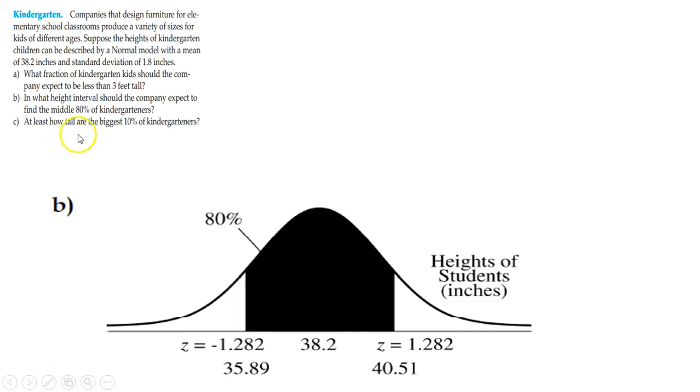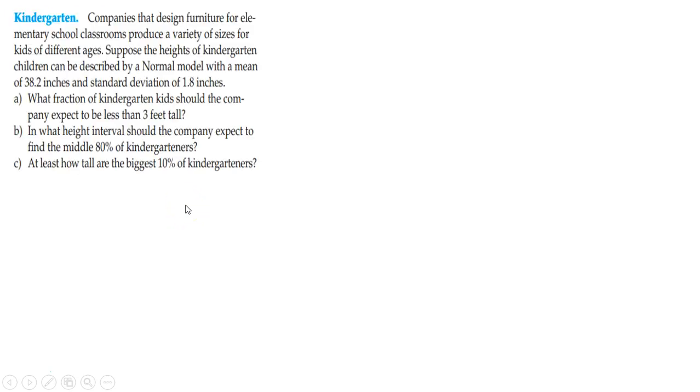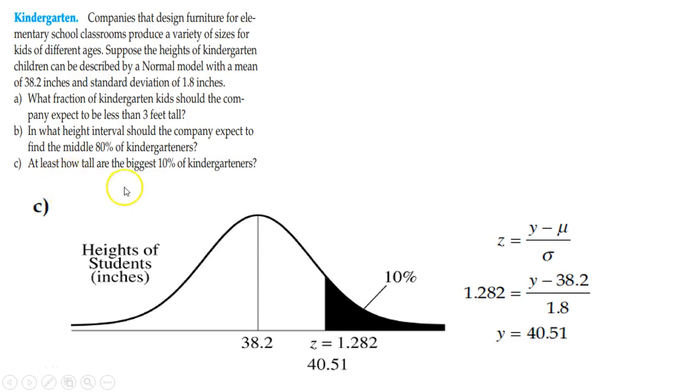And then, at least how tall are the biggest 10% of kindergartners? So this is just me writing down that the middle 80% of kindergartners are expected to be between 35.89 and 40.51 inches tall. So if they wanted the Z-scores to do that as well. Okay. To do C, though, it says at least how tall are the biggest 10%. So I want the biggest 10, which means I want 0.9.